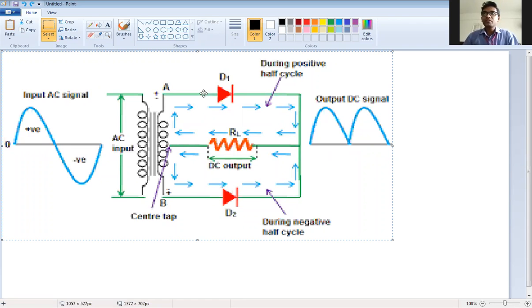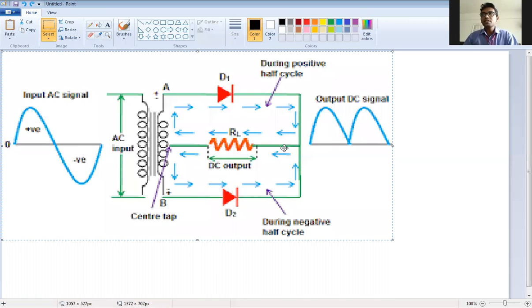So in positive half cycle, diode D1 is forward bias, diode D2 is reverse. In positive half cycle of input, current is going to the output through this diode. Hence you are getting positive output. And in negative half cycle of input, D2 is forward, D1 is reverse. So current is going through D2 towards the resistor.